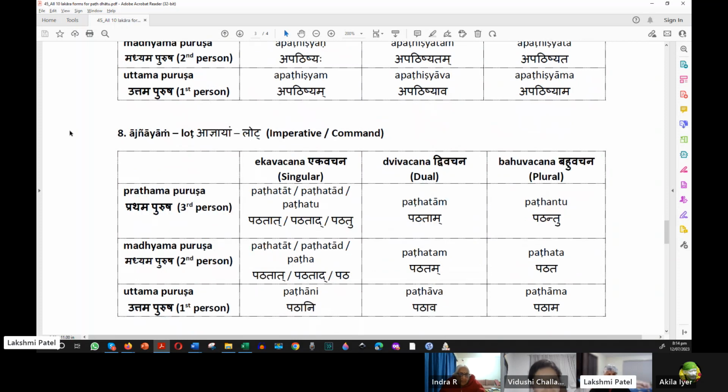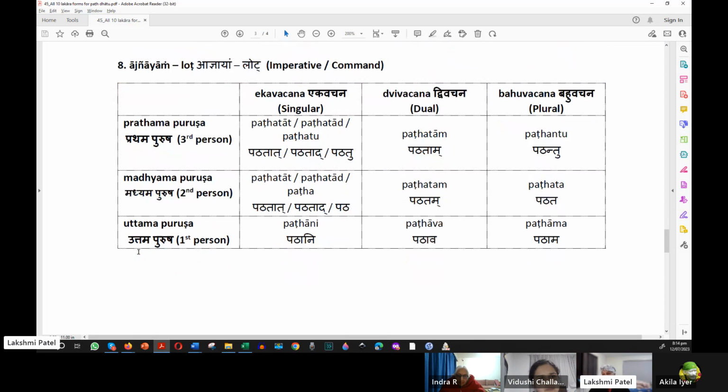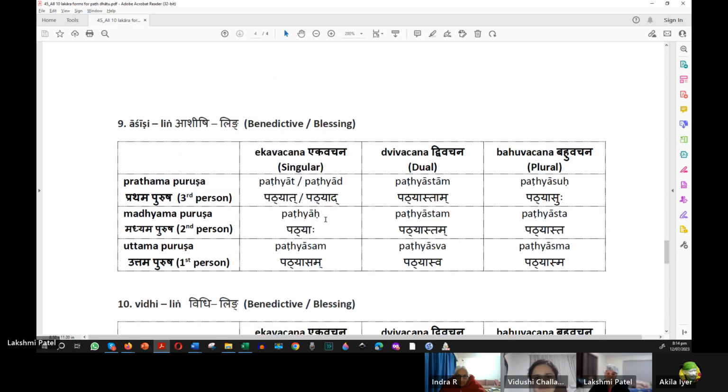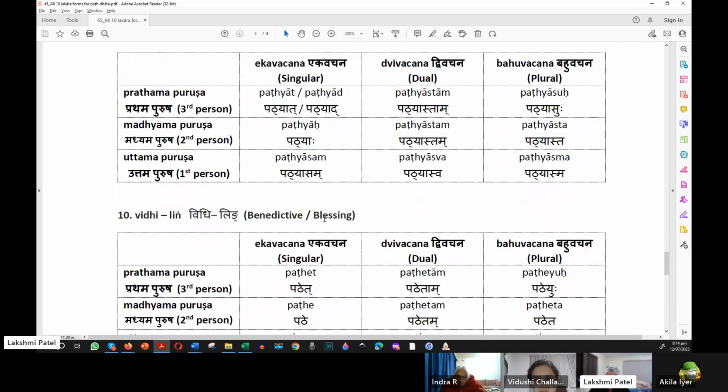Do this. We say it a lot, na? Saha patatu. He should study. Or Tvam patha. You study. So Agyayam lot. And the last one, which is Vidhiling. It should happen.